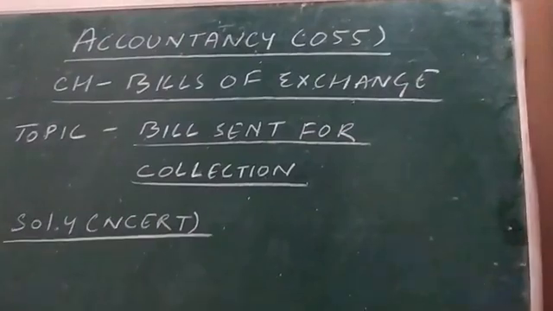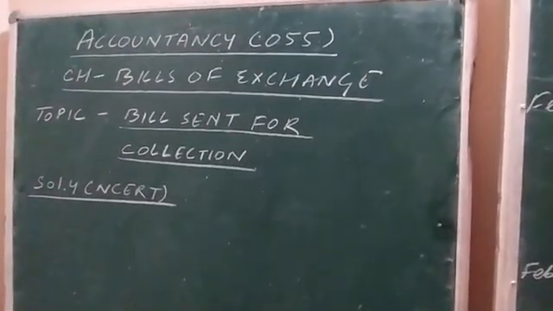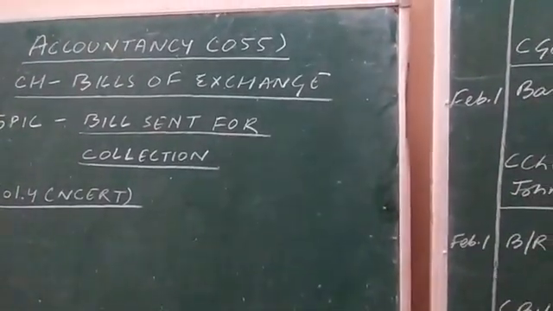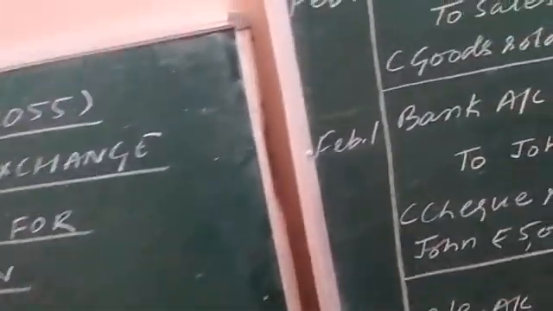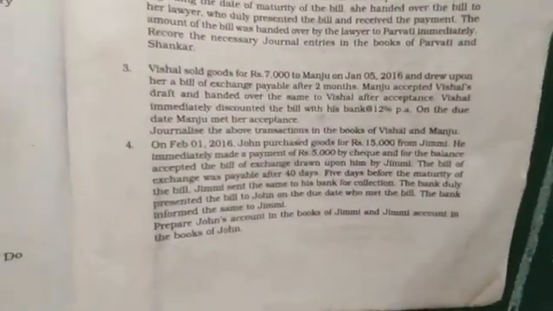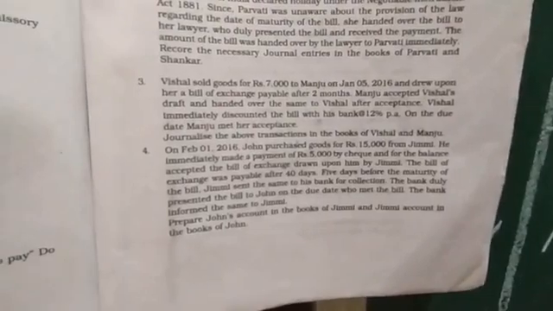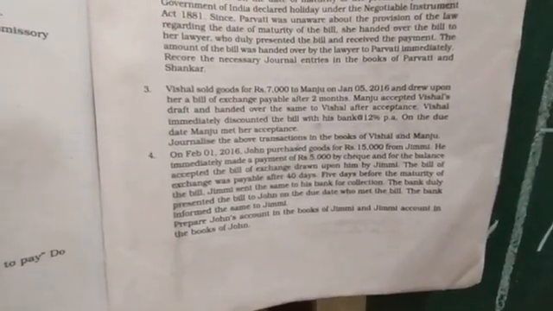Now here is question number 4 of NCERT. Just have a look at question 4 of NCERT. On Feb 1st, 2016, John purchased goods for rupees 15,000 from Jimmy.